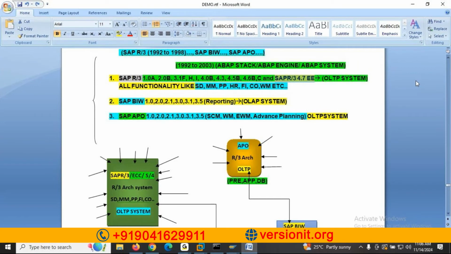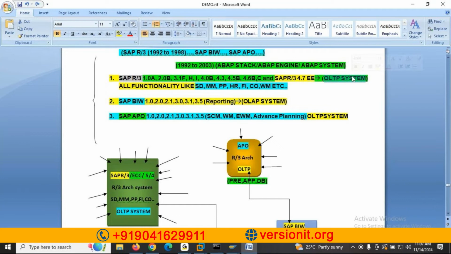Next statement. And this system is called as OLTP system. What do you call the system as? OLTP system. What do you mean by OLTP, guys? Write down.